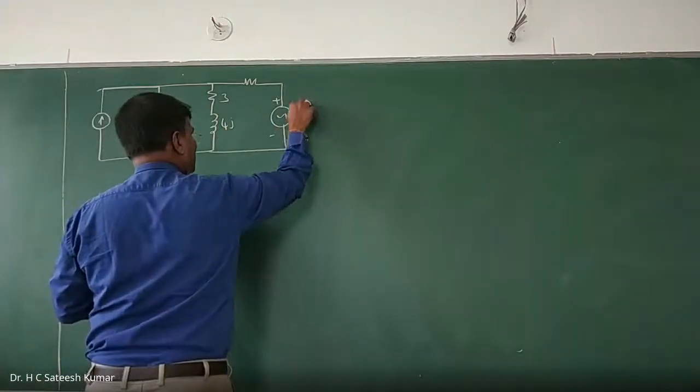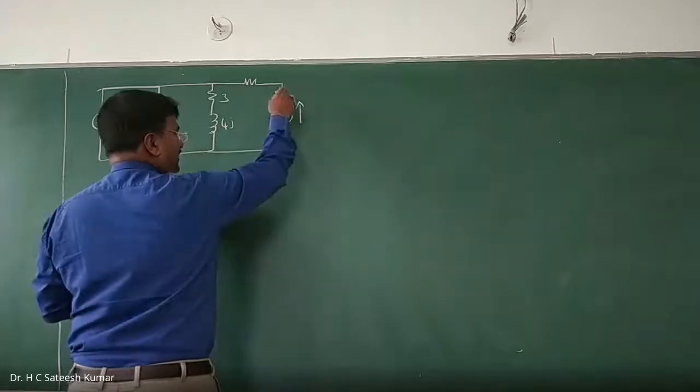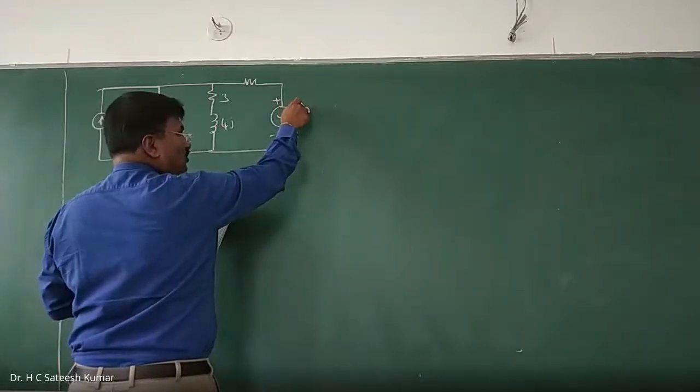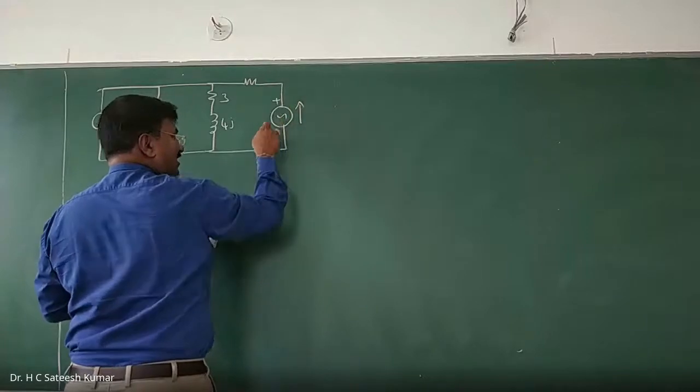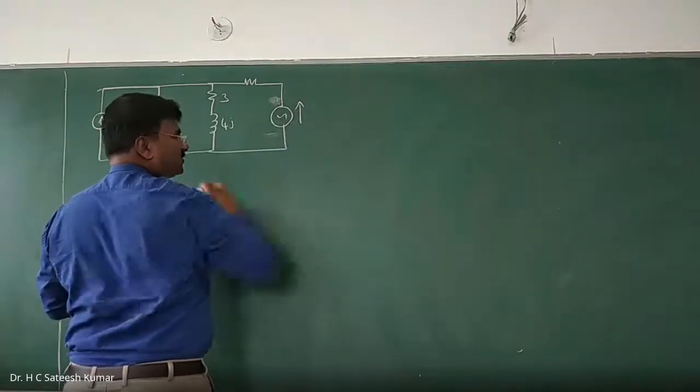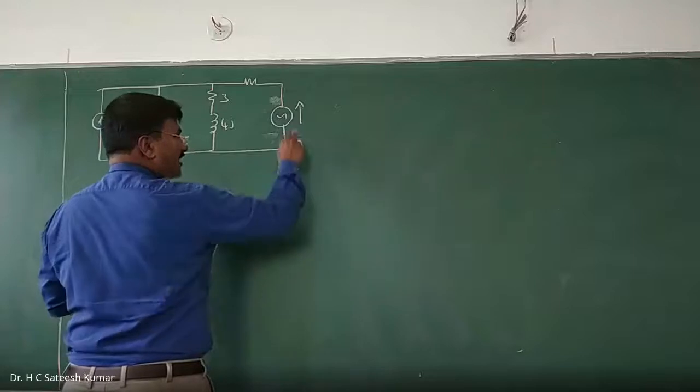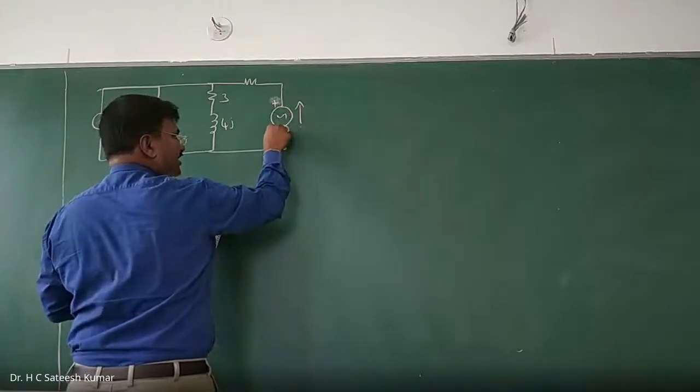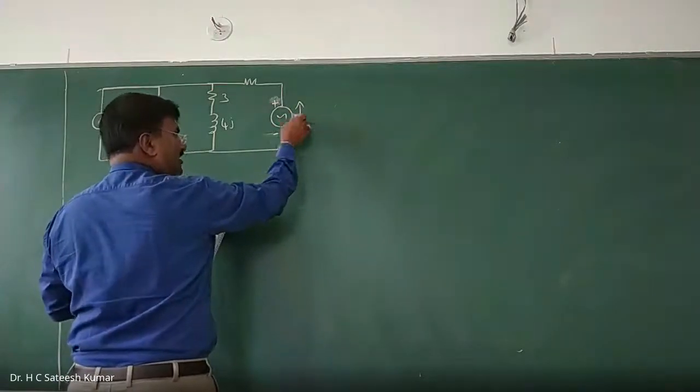They will give this one arrow mark like this. The arrow mark indicates the source polarity: plus is this side, minus is this side. They will give only this much. They will put an arrow mark, which indicates that this side is plus and this side is minus. If the arrow mark is outside it is a voltage source; if it is inside, it is a current source.